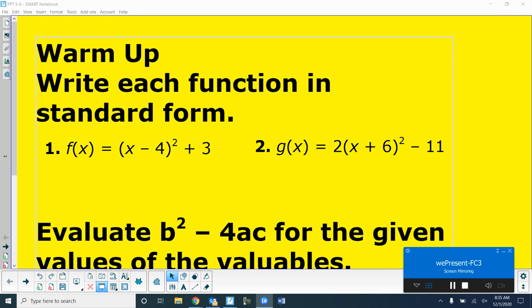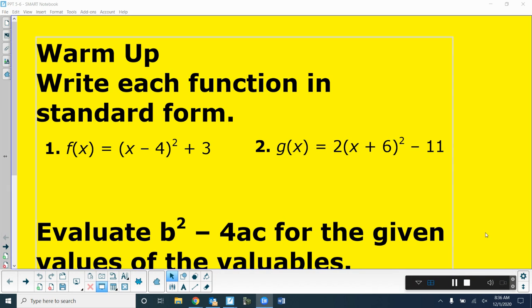All right. So, what form are these two in right now? 1 and 2. Then? What do we call that form? No, that's a quadratic equation. But that's a, what do we call that form? Yeah, it's not standard.